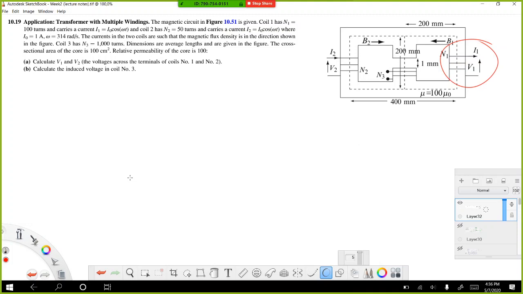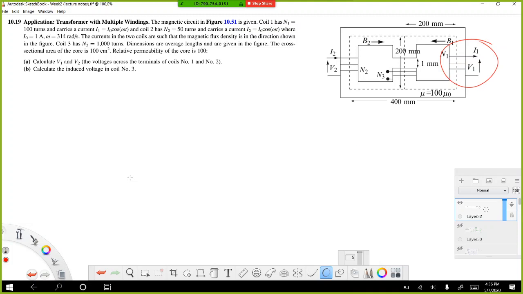Magnetic flux is also given. The direction of magnetic fluxes is also given. Coil number 3 has 1000 turns. Dimensions are average lengths and are given in the figure.